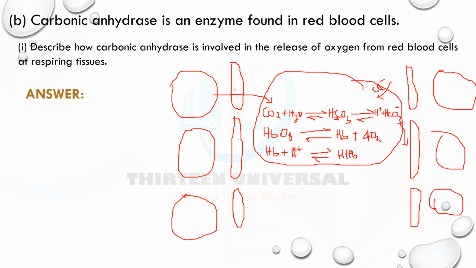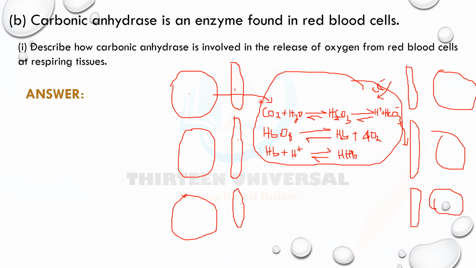So that means hemoglobin cannot bind to oxygen and to hydrogen ion at the same time. It has to bind to one. So oxyhemoglobin has to release oxygen in order for hydrogen ion to bind with hemoglobin to form hemoglobinic acid.